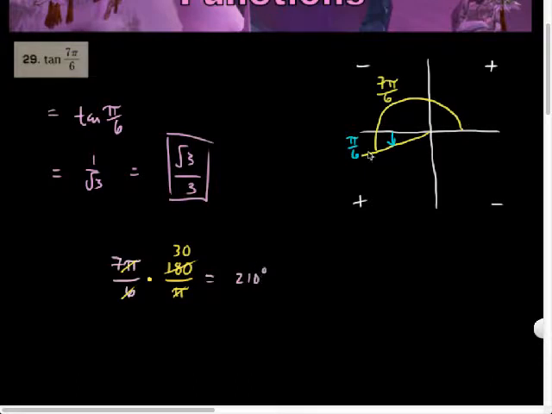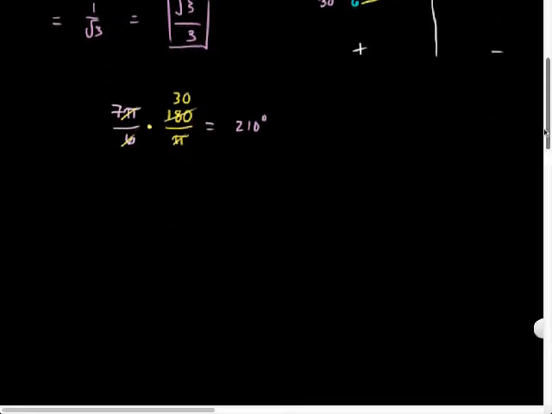So 210 degrees, and the reference angle would have been 30 degrees. I want you to have that association between radians and degrees. I think that's helpful, but I also would like you to at some point be able to fully rely on radians and not always have to convert back to degrees. I'm sure your calculus teachers would appreciate that as well.